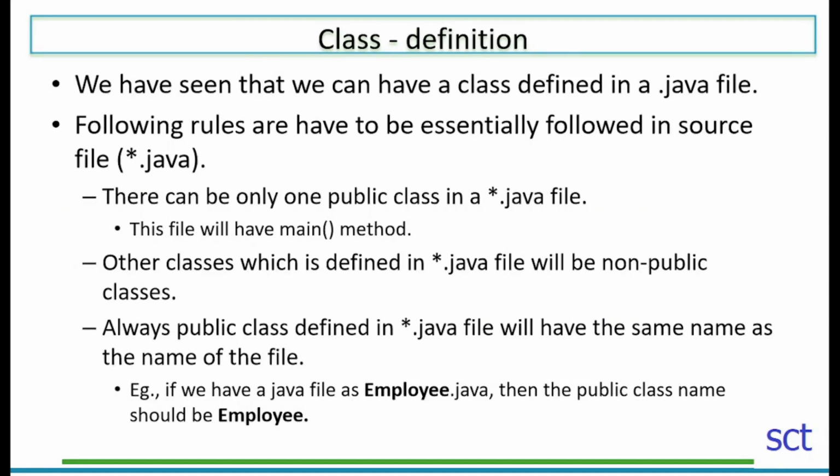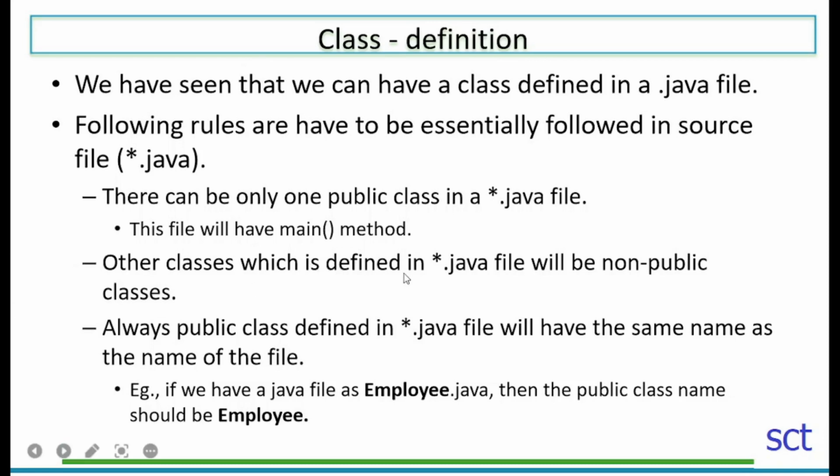Now we have seen that we have the class definition in .java. The following rules have to be essentially followed in the source file, that is in the .java file. There can be only one public class in a .java file, and that file will have the main method. The class name will be the same as the name of the .java file.